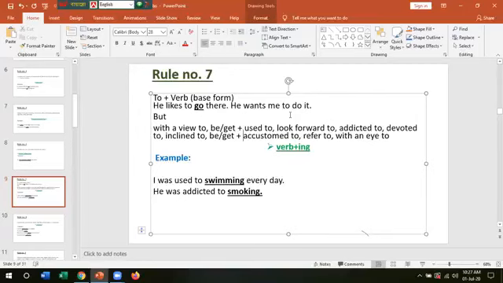Here you see, okay, let me write it. With an eye to raising fund, he organized the program.